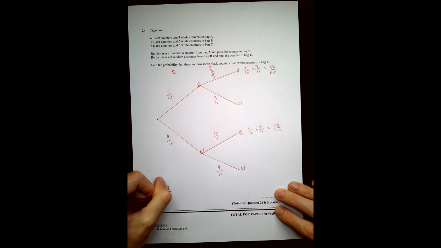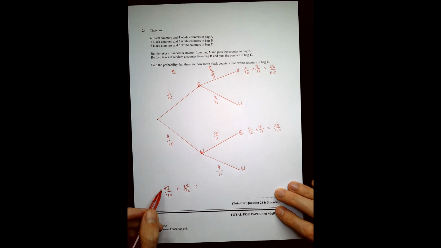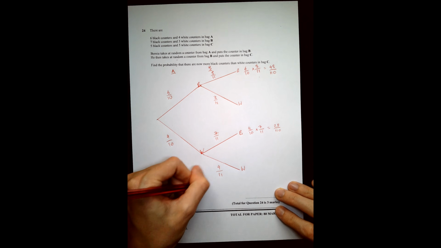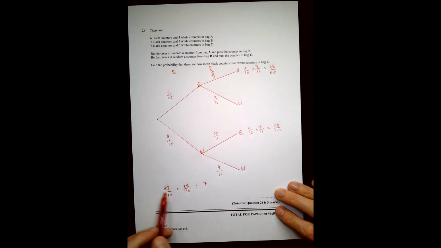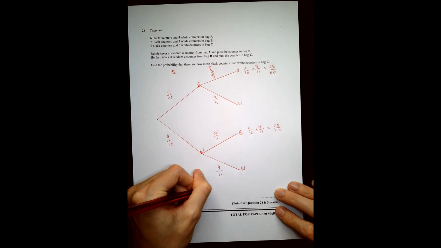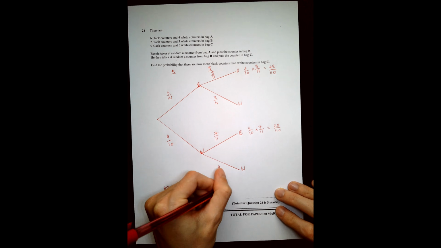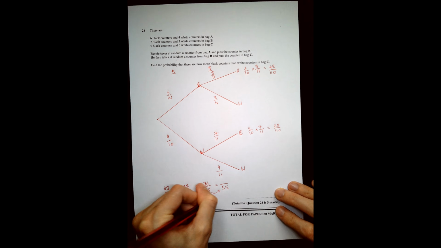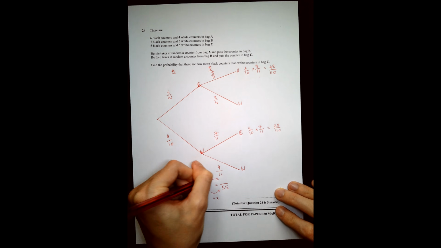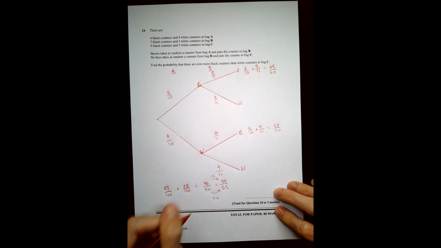So 48 over 110, add 28 over 110. 40 add 20 is 60, 68 add 8 is going to be 70, 8 add 8 is 76 over 110, which when I simplify that, I'm going to get on the bottom 55, divide by 2. Half of 70 is 35, half of 6 is 3, 35 add 3 is 38.